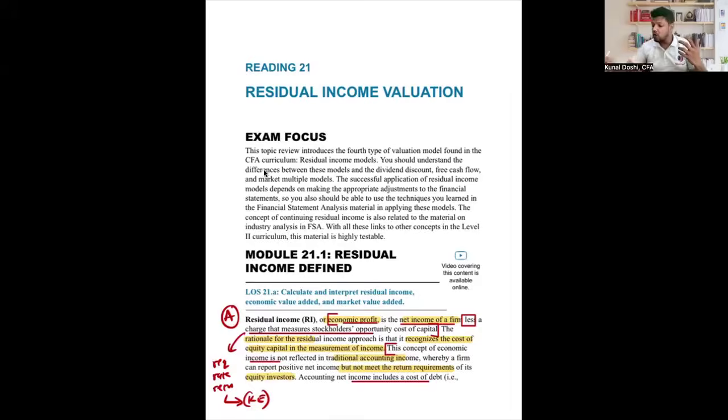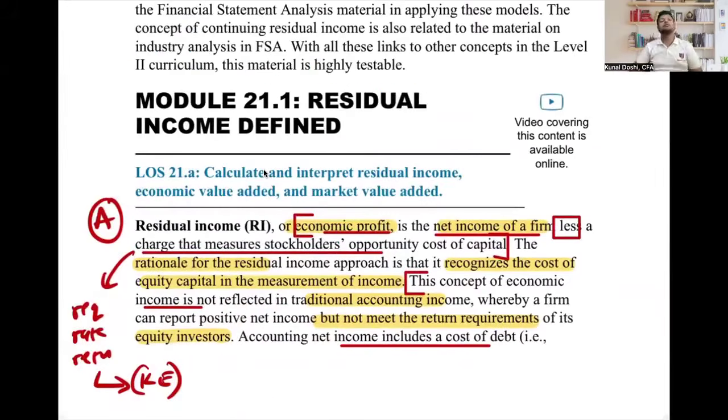So this approach is also called the economic profit approach, where we are going to see how much earnings are available after paying out to the equity shareholders what they minimum require. So remember, the equity shareholders require cost of equity, that is the minimum required return. So after paying off those returns, what is left with the company is called the economic profit or the residual income. Now, with that income, you can reinvest or you can pay out as dividends.